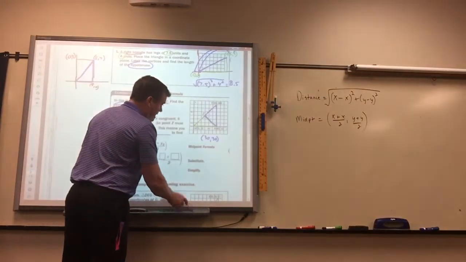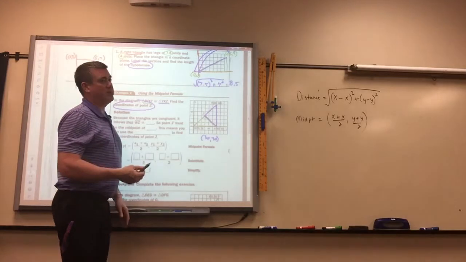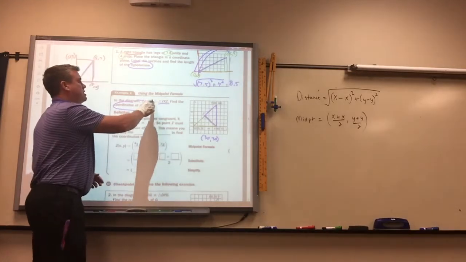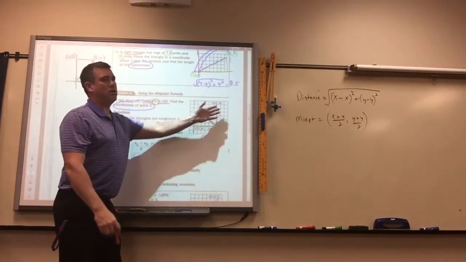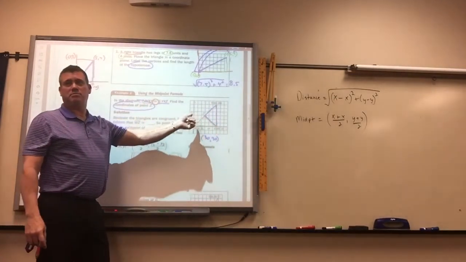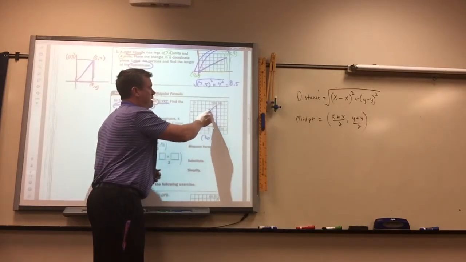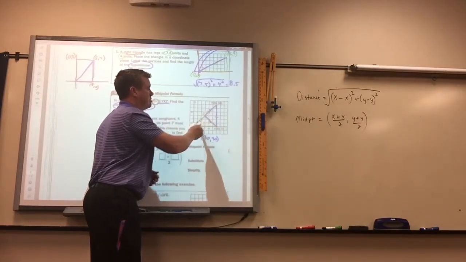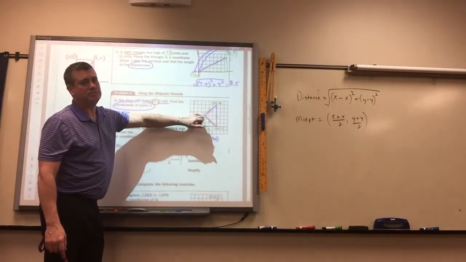But if it's not a good graph, you use the midpoint formula, because since these are congruent, that would mean all the corresponding parts are congruent. Like this side equals this, it's a shared side, and these sides are equal, right? Since this equals that, Z is the midpoint.